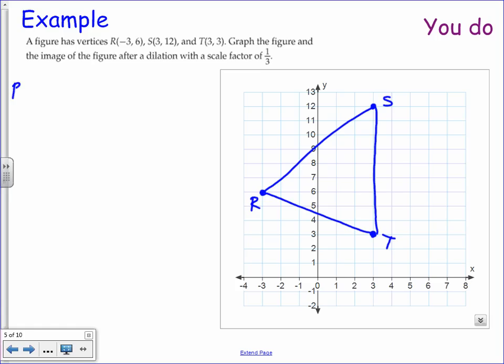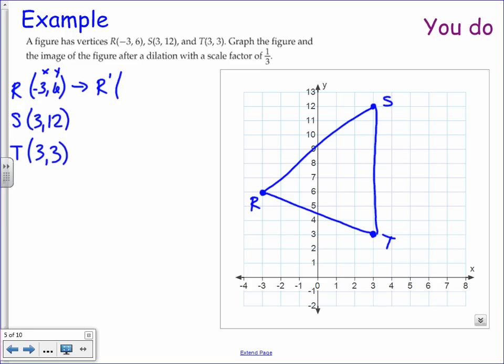We start off with R at -3, 6, S at 3, 12, and T at 3, 3. We multiply the x and the y, each of them by 1/3. For time's sake, I'm just going to do the work in my head.